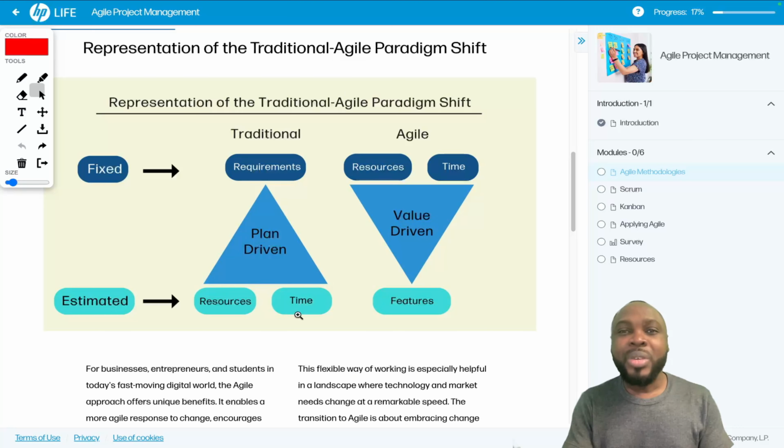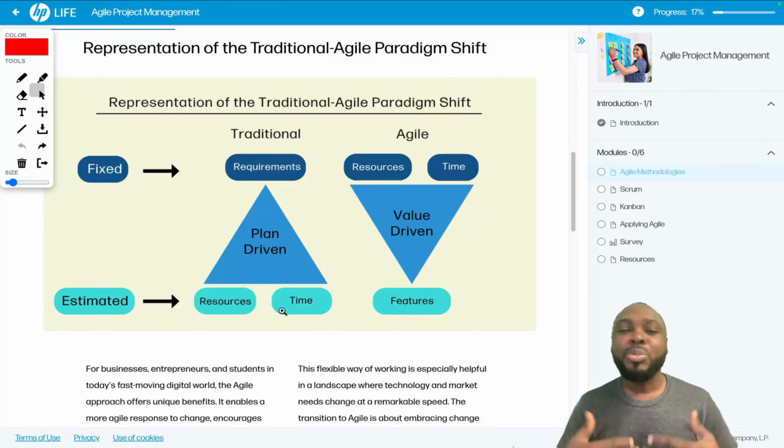And if there is any change, say whilst we've started the project we want to change something, instead of a 20 room duplex, we want to make it a 30 room duplex, the change in requirements brings about a change in plan, which will also bring about a change in resources and time.